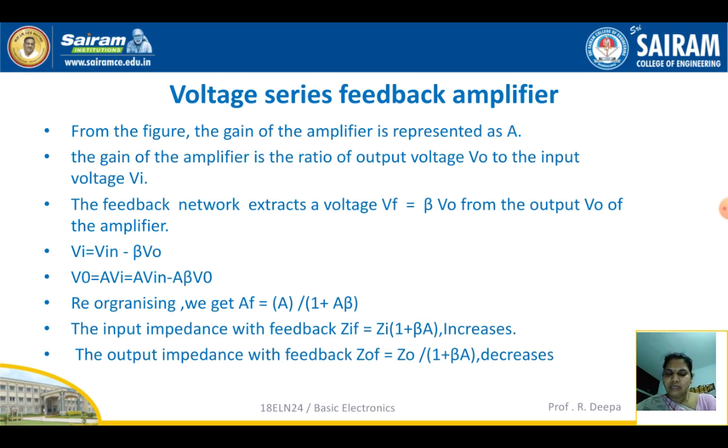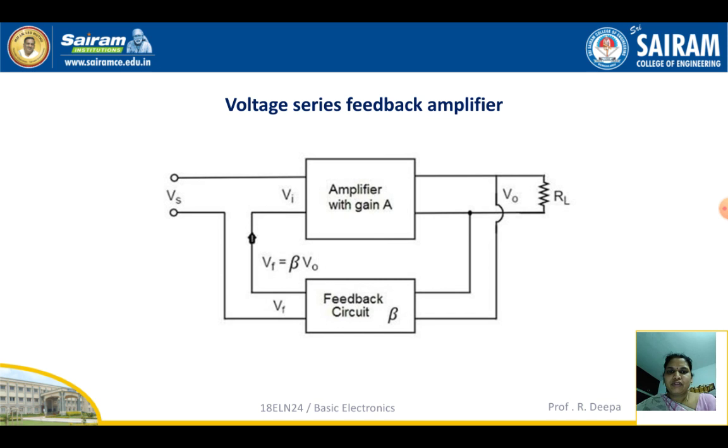If the input impedance without feedback is Zi, with feedback it is represented by Zif, which is increased by a factor of 1 plus beta A. Coming to the output impedance, normally the output impedance of an amplifier is represented as Z0, whereas with feedback it is represented as Zof, which decreases and is equal to Z0 divided by 1 plus beta A. That is, it is decreased by a factor of 1 plus beta A. As negative feedback is applied to the amplifier, it decreases the output impedance and increases the input impedance of the amplifier circuit.